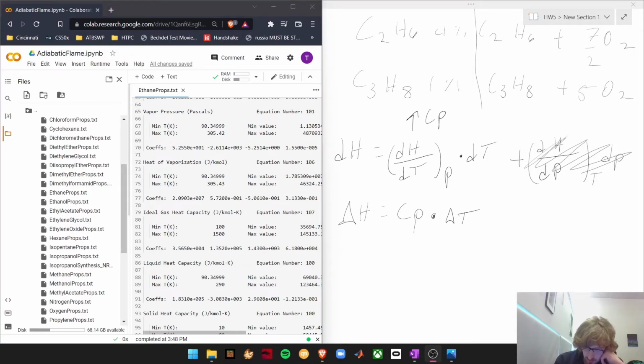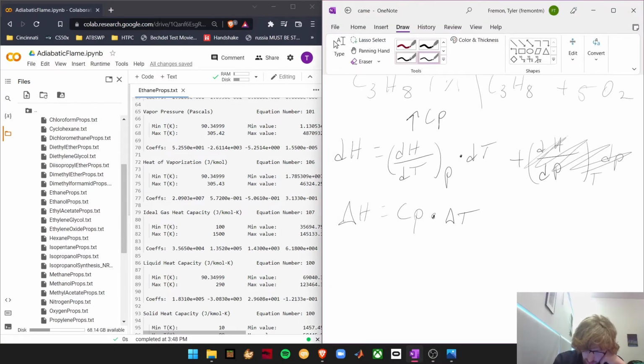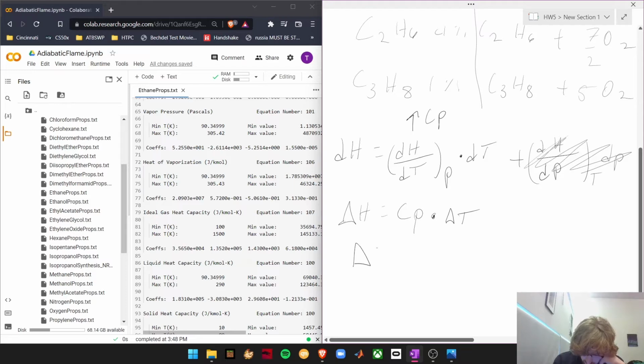So hopping back over to our notes, we can rewrite this again. And I might have to bring back the drawing tool. We can say that the integral, as the enthalpy changes from enthalpy 1 to enthalpy 2, of our change in enthalpy is going to be equal to the integral of our heat capacity with respect to our change in temperature.